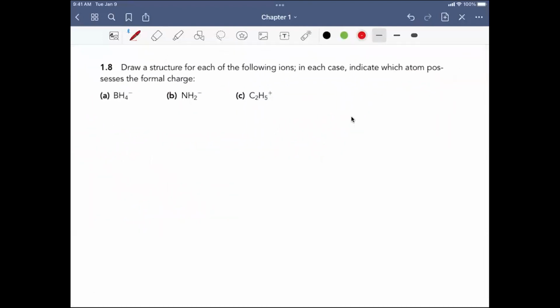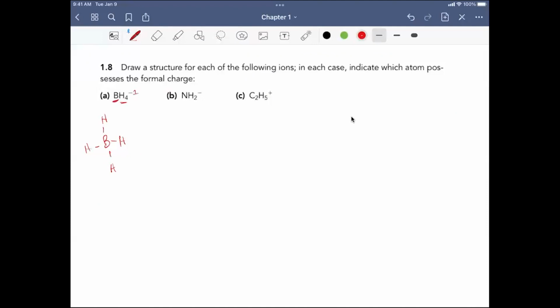Moving on, this question asks to draw the structure for each of the following ions. In each case, identify which atom possesses the formal charge. Okay, so we have boron and 4 hydrogens with a -1 formal charge. So this goes back to Lewis structures and recognizing on the periodic table what boron shows.